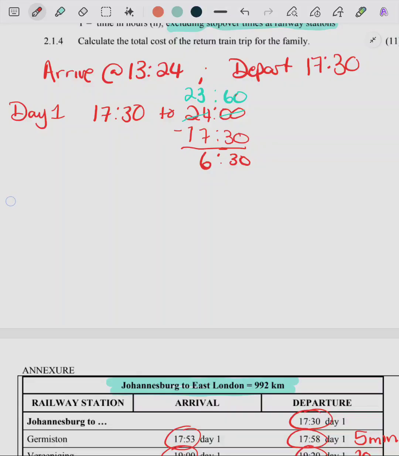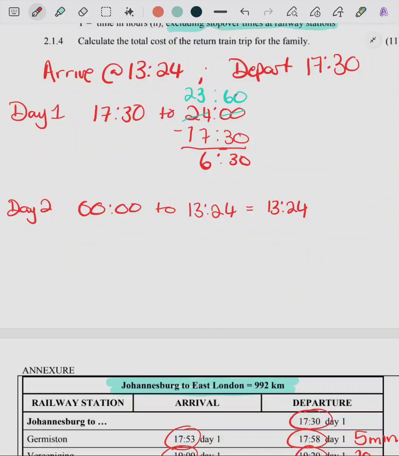Day 2 is a little bit easier, because on day 2 we start at 0 and we end at 13:24, or 24 minutes past 1. So we're going from midnight, and midnight is actually 0. That's the start of our new day. So from 0 to 13:24, that's quite easy: it's 13 hours and 24 minutes.